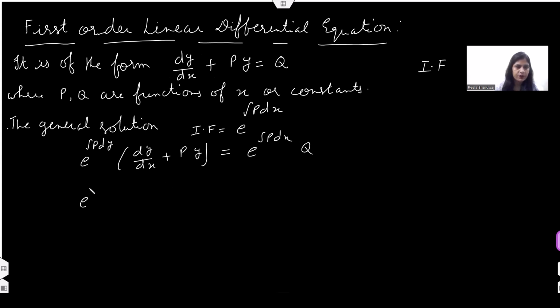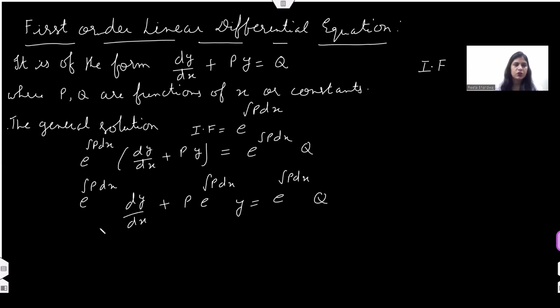Sorry, this is not y, this is actually x. So then dy/dx plus p times the integrating factor times y is equal to e raised to integration p dx times q.